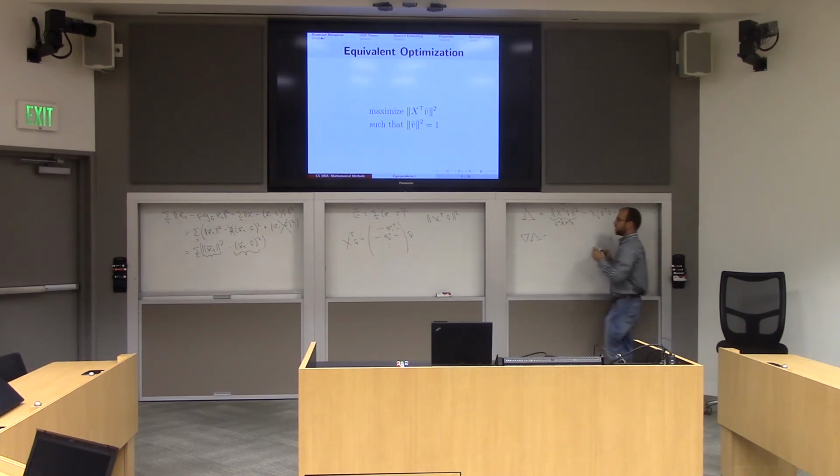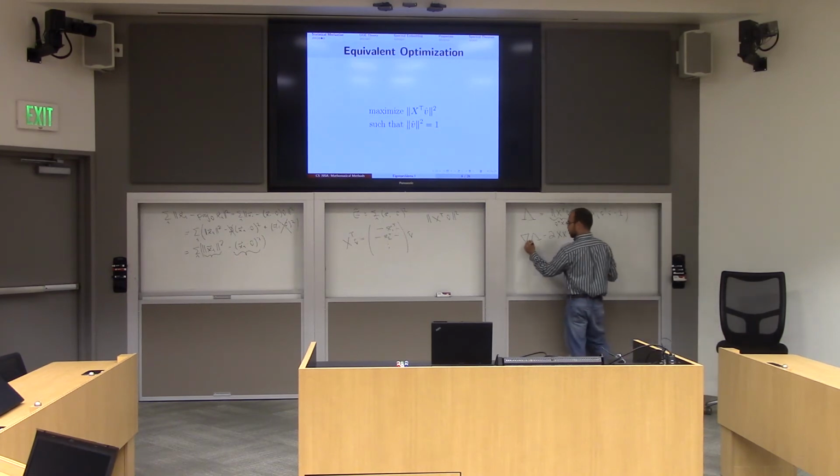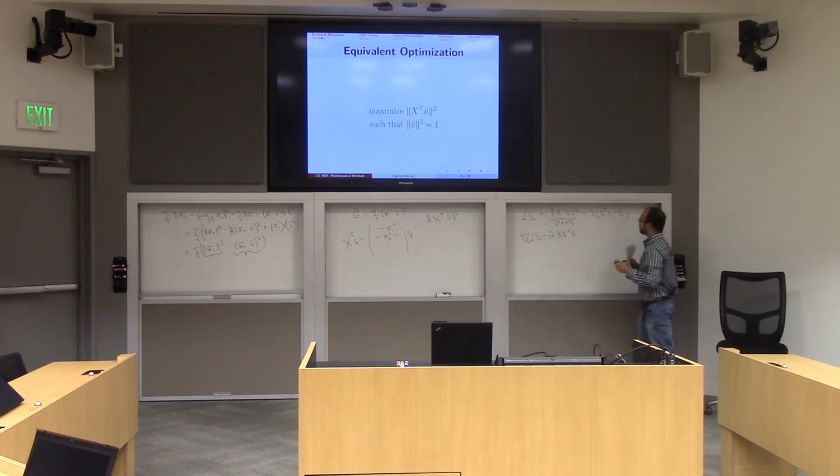So what is its derivative? Well, it's nothing more than 2 X X transpose v hat. And what is the derivative of the second guy? Well, this is a constant, and we're taking the derivative with respect to v hat right now. So this is going to be minus 2 lambda v hat.